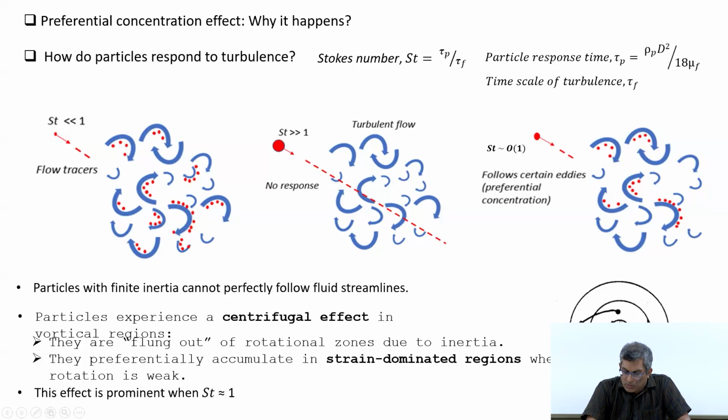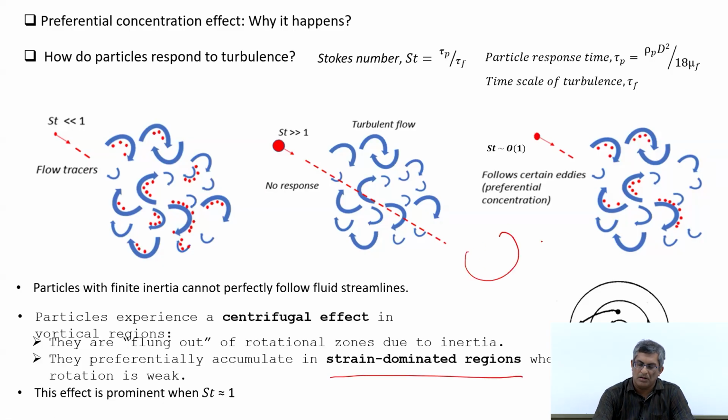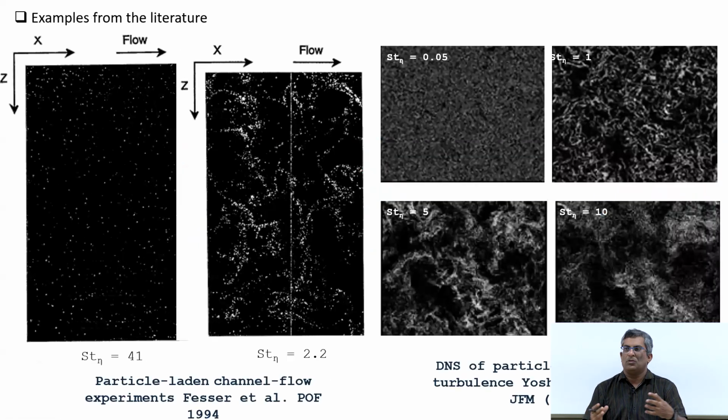What happens, as shown here, is that the particles are centrifuged out of the eddies due to their inertia. So, they try to come out of a region with high vorticity. They tend to move towards a region where the vorticity is low. So, they preferentially accumulate in strain dominated regions, that is regions between eddies.